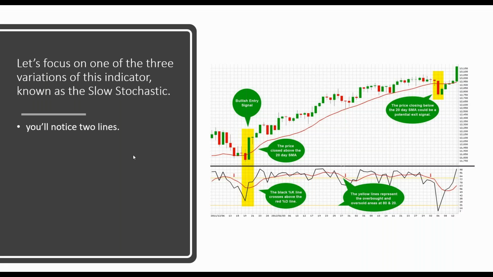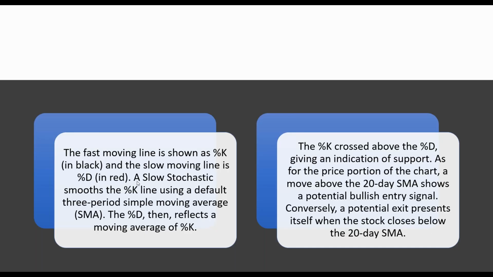Okay, so let's focus on one of the 3 variations of the stochastic. So you notice the 2 lines on the bottom. You have, in this case, the black K line, and you have the red D line. So the fast moving line is shown as a %K, and the slow moving line is the %D.